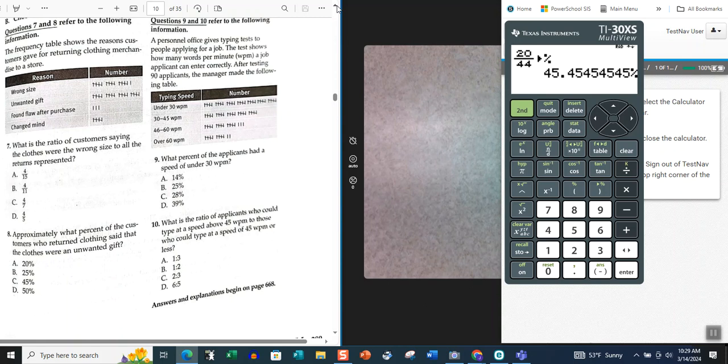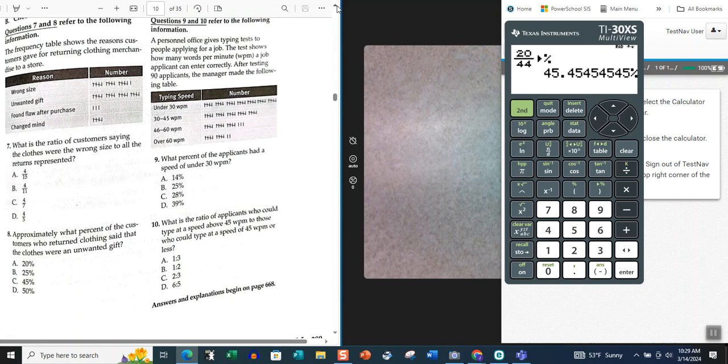The test shows how many words per minute, WPM, a job applicant can enter correctly. After testing 90 applicants, so now they told you the total amount, the manager made the following table. So we see this table here.